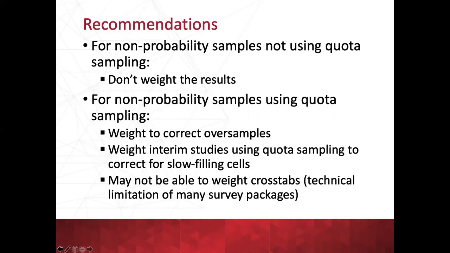A lot of times when fielding a survey, you can provide dashboards during fielding, but if you're using quota sampling, early results are going to be skewed as quota cells fill, so you can use your weighting scheme as a preliminary interim report to correct for that.